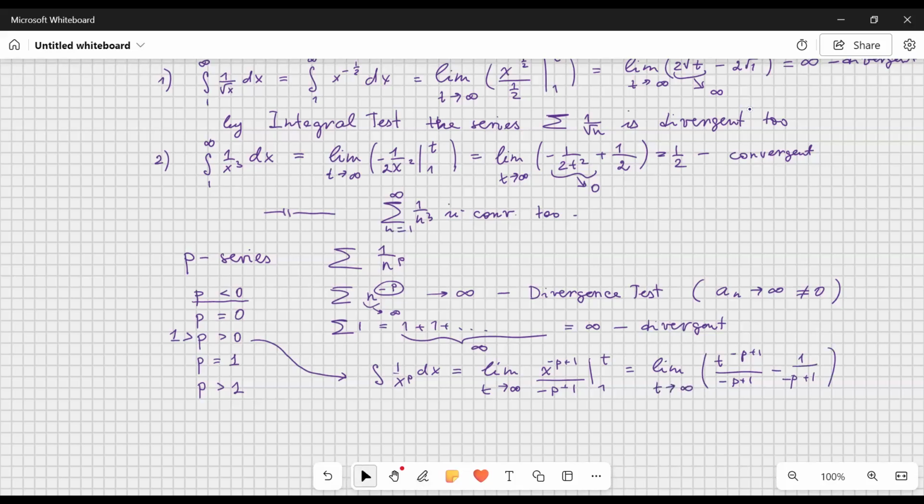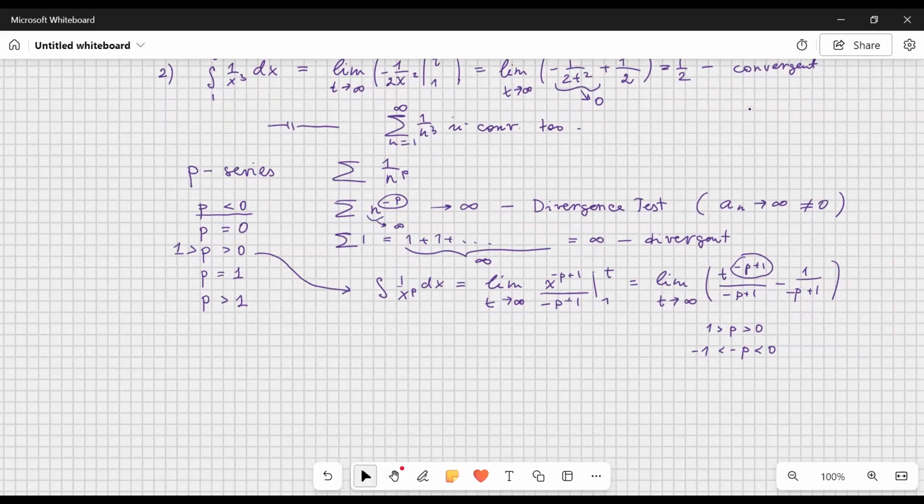Well, what happens to this term when t goes to infinity? Well, it depends on the power, right? Our p is from 0 to 1. If I put minus in front of p, I'm going to have minus 1 less than minus p less than 0. I'm changing the sign of the inequality if I put minus in front. Now plus 1 on all sides: 0 less than minus p plus 1 less than 1.